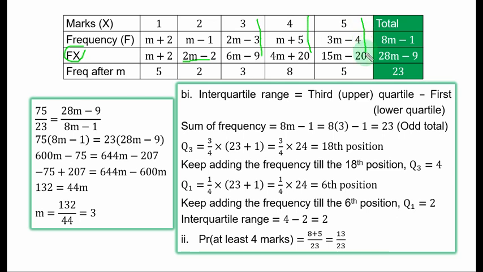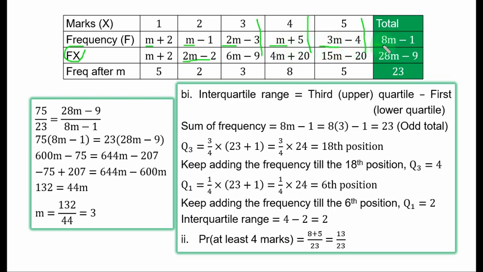We need the sum of f and fs. So 8m minus 1, you add m plus 2 plus m minus 1. Now let's take it side by side. You have m plus m is 2m plus 2m. You have 4m plus m. You have 5m plus 3m.